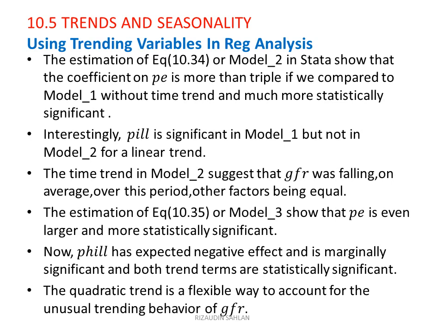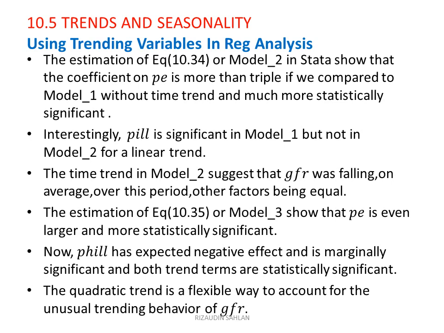For model 2, if we look at the time variable, the positive sign means that the GFR was falling on average over this period. And for model 3, the variable PE is quite larger and is statistically significant.